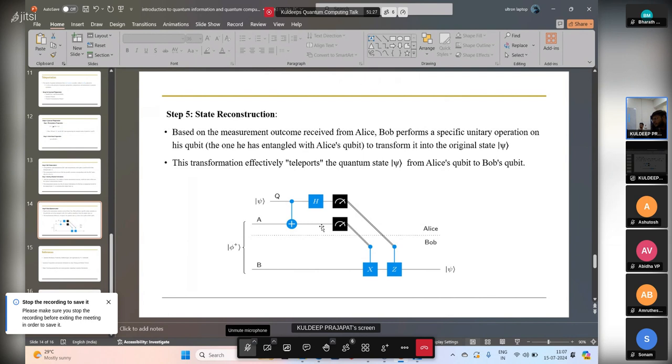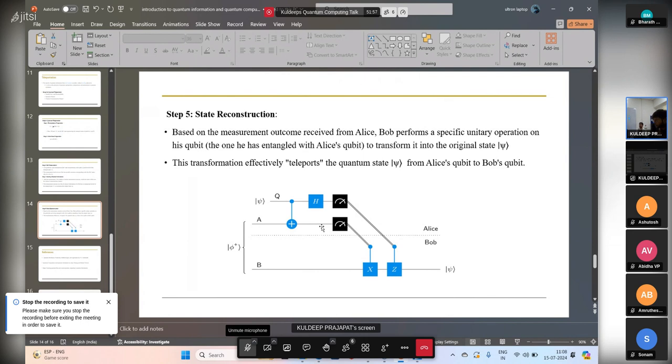Only after that, Bob can perform his measurement and the teleportation is complete. So until Alice communicates to Bob using classical ways of communication, nothing can happen. So even though all this action is instantaneous, it still does not violate the basic laws of physics that information cannot be transferred faster than the speed of light. It is always slower than the speed of light.